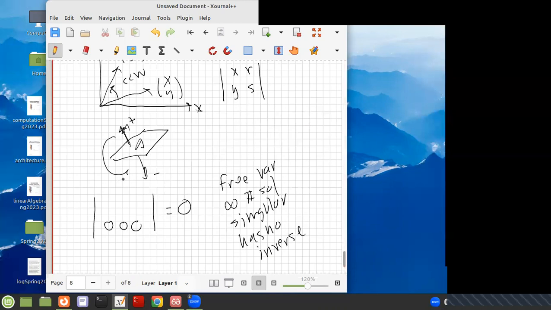Okay? So this determinant determines lots of things. If the determinant is not 0, then it has no free variables. All its variables are leading. The matrix of a linear system has exactly one solution, it will be non-singular and it will have an inverse, all the opposite of these properties.